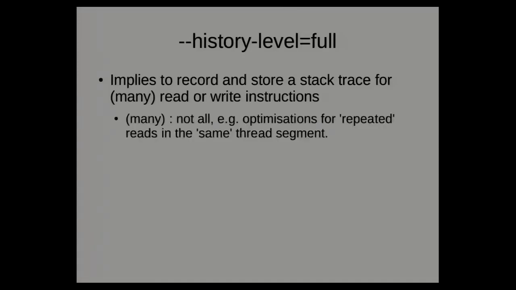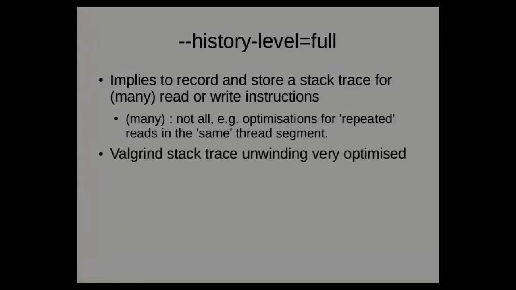I say many, not all, because there are some optimizations in Valgrind for repeated reads in the same thread segments. Basically, Valgrind has to see the coordination between threads, and between two coordinations we call this a segment, and as long as you are inside the same segment, we might optimize the recording and not necessarily record the stack trace for all accesses to memory.